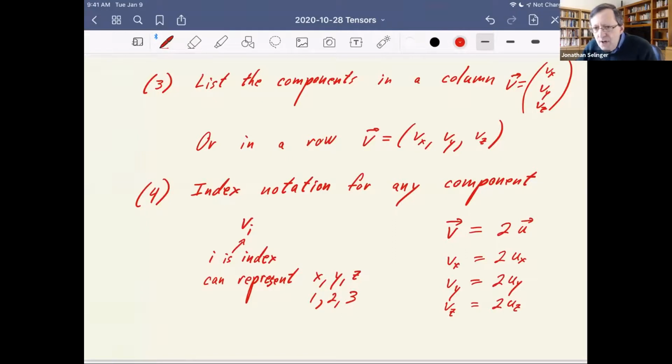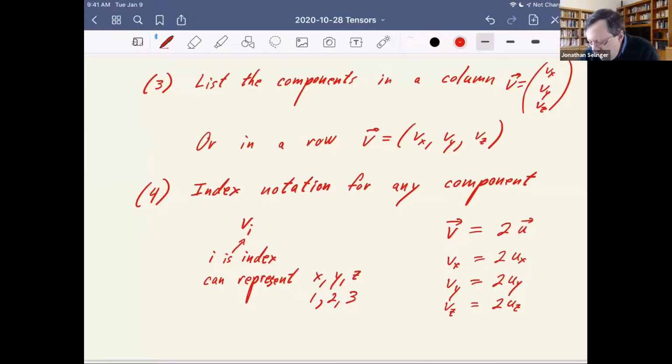So this is an equation for the components. It's really 3 equations for the components. That is fine, but it's a lot of work to write it out. Okay? So the index notation is more compact than that.